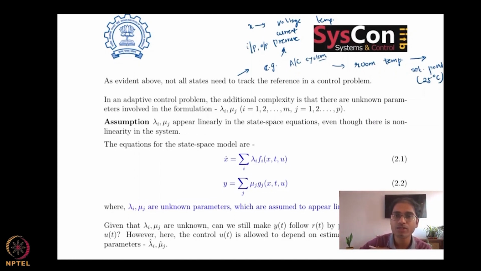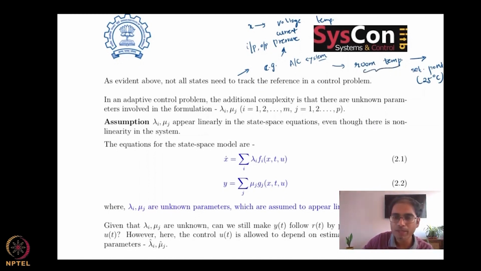We as a user are interested in only the output temperature to track a set point. That's it. Now this is of course achieved by setting the output temperature.